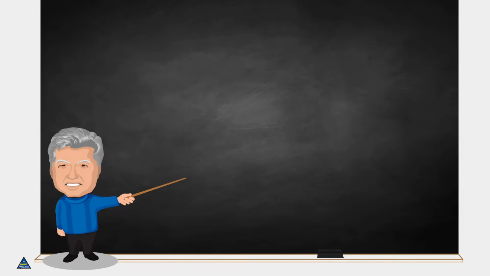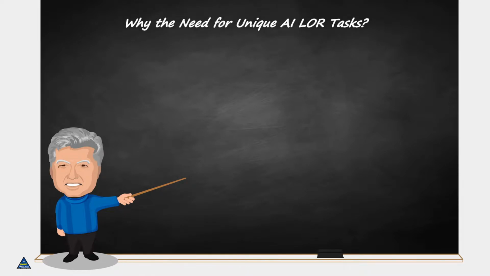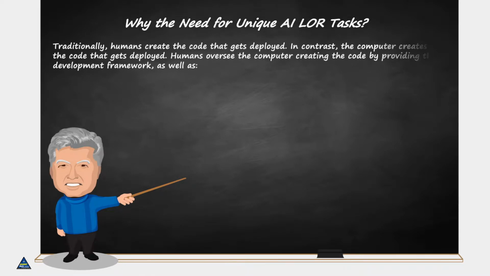We've just gone through a lot of information, and I'm sure at times it felt overwhelming. So let's ask the basic question: why the need for unique AI LORE? If you remember, humans create the code that gets deployed. For computers, humans oversee how the training set is used by the algorithm to develop the model that gets deployed. And the algorithm itself will have 4 elements.